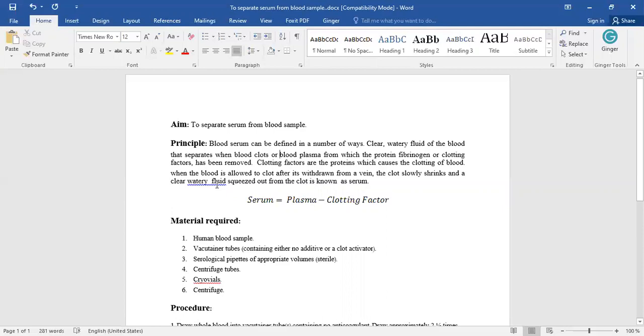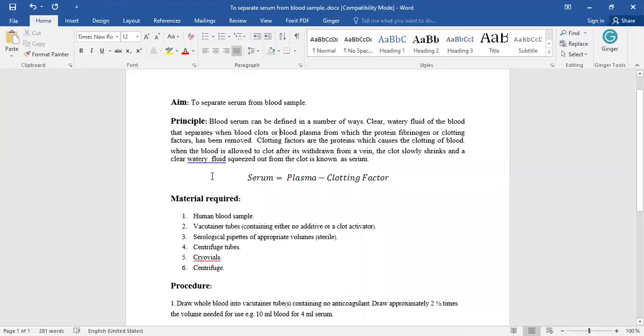When the blood is not clotted, we isolate plasma. When the blood is clotted, we isolate serum.